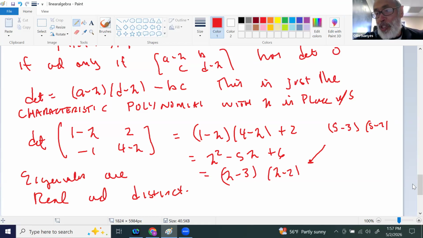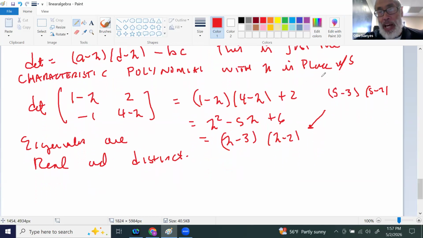Now, if you wanted to finish this problem without Laplace transforms, this is not how I'm teaching it in class, but in case you're curious, let's use lambda equals 3. What we now have is 1 minus 3, 2, negative 1, 4 minus 3.